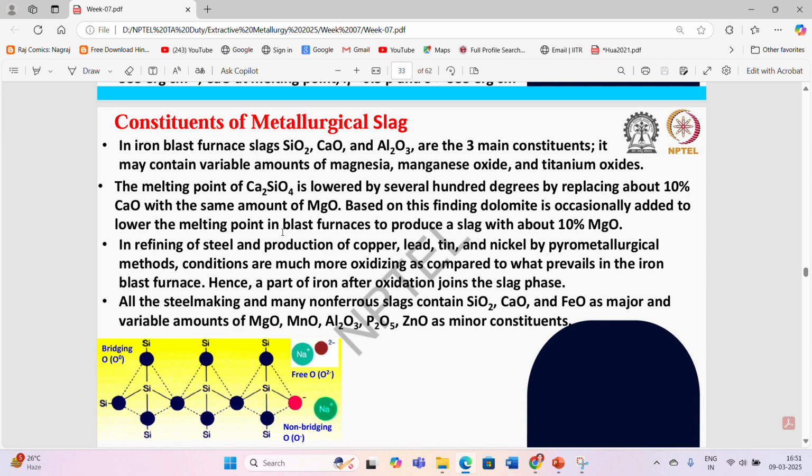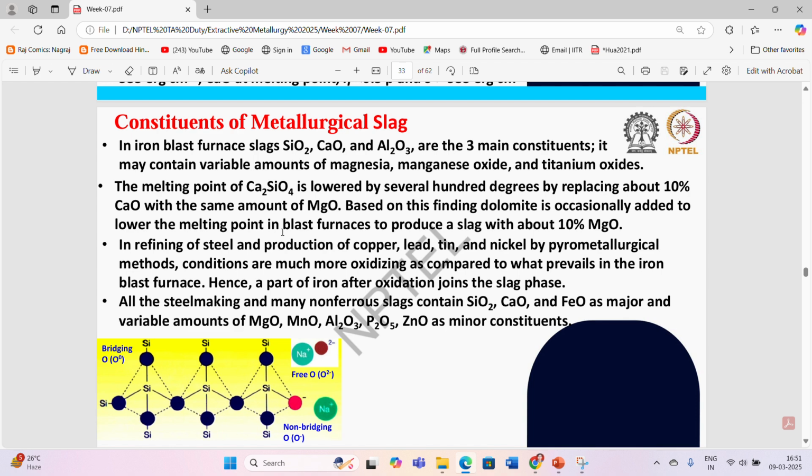So by just replacing 10% of this CaO with the same amount of MgO, we can decrease the melting point of this Ca2SiO4 by several hundreds, like from 1400 degrees Celsius it can come down to 1100 or 1200 degrees Celsius. So nowadays, in the blast furnace, they also add dolomite as a flux material in the place of limestone only.